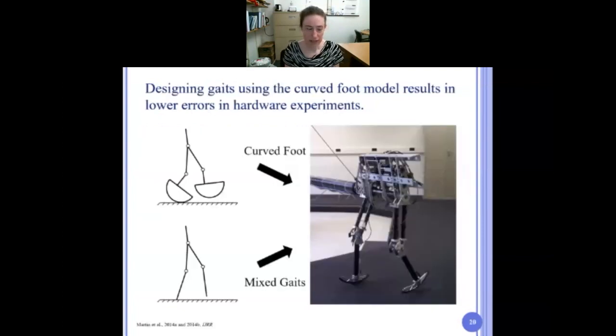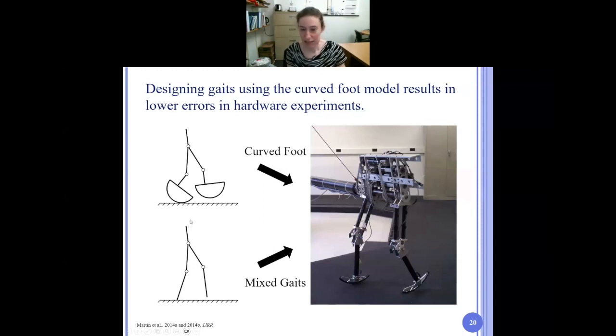So now the other thing we'd like to check is to make sure that the curved foot model and controller actually works better than just using the point foot model. So in order to test this, I created 2 models in simulation. I had my curved foot model, and then I had the old point foot model.